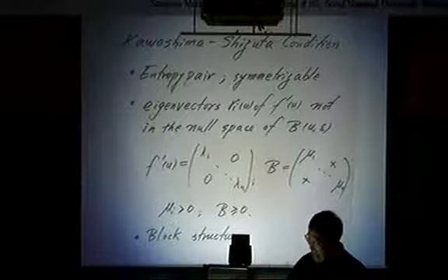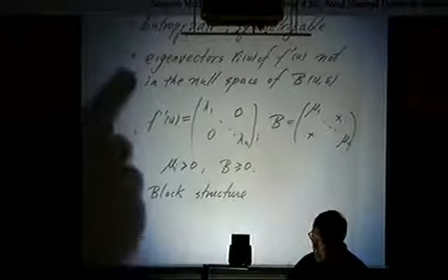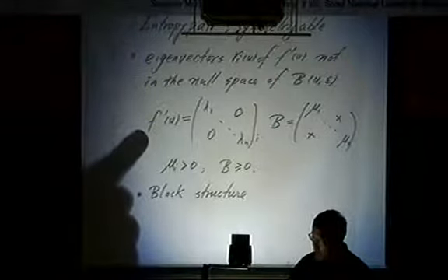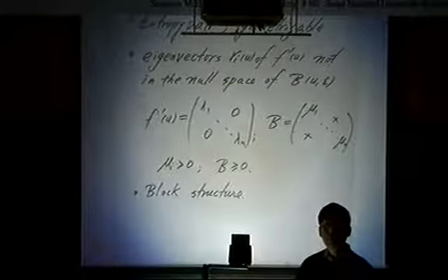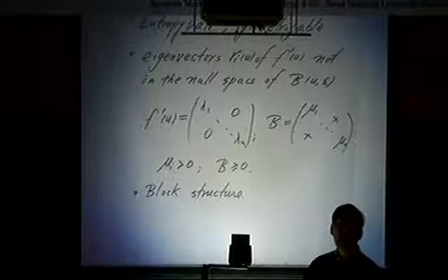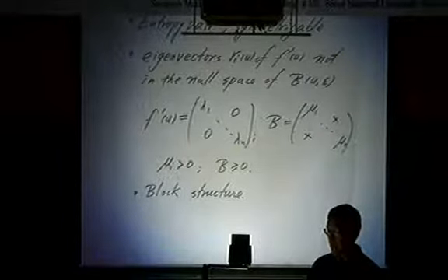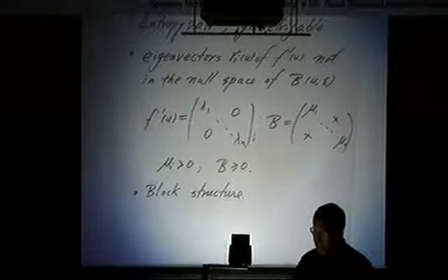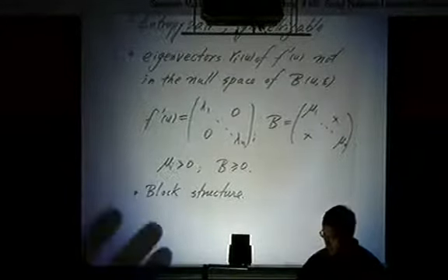Which means that the eigenvectors of the flux F prime should not be in the null space of B. Otherwise some part of it is hyperbolic, then you get a shock wave and so on. And then there's a certain block structure, which I will not go into.